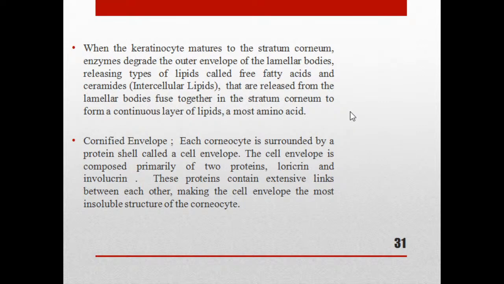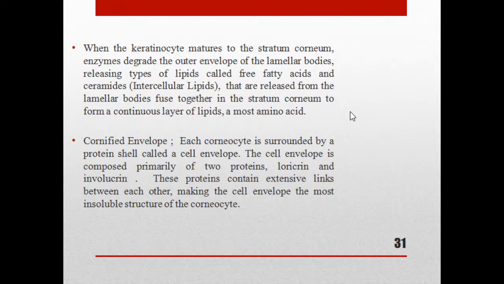When the keratinocytes mature to the stratum corneum, enzymes degrade the outer envelope of the lamellar bodies, releasing a type of lipid called free fatty acid and ceramide. These intercellular lipids released from the lamellar bodies come together in the stratum corneum to form a continuous layer of lipid amongst amino acids.